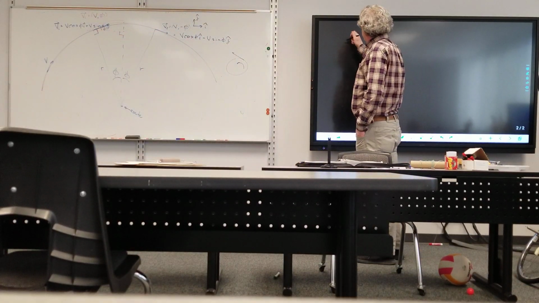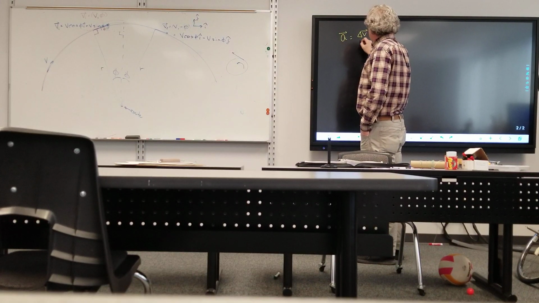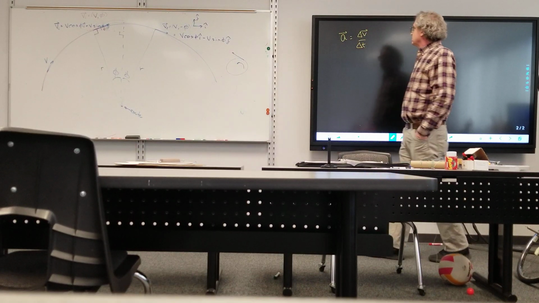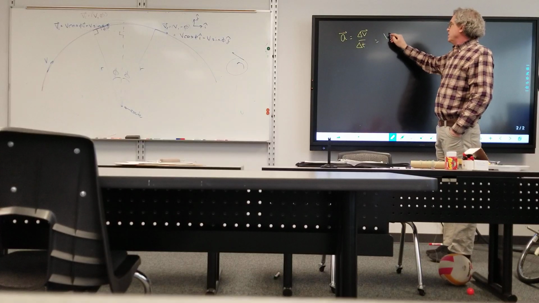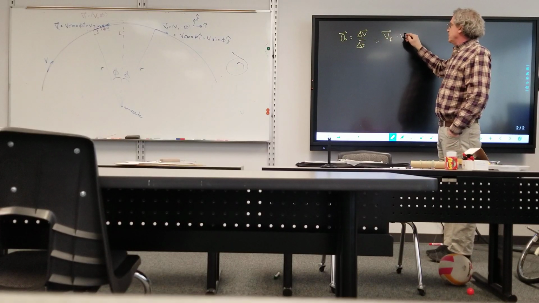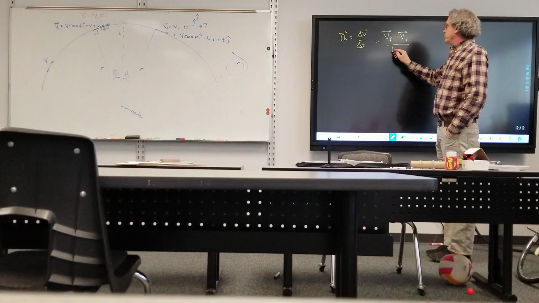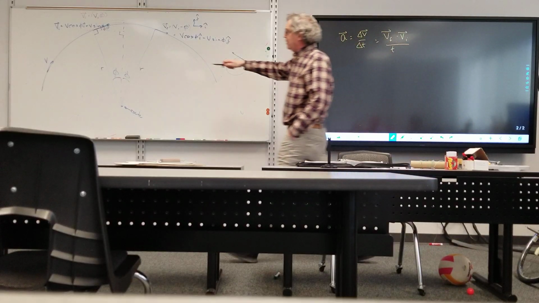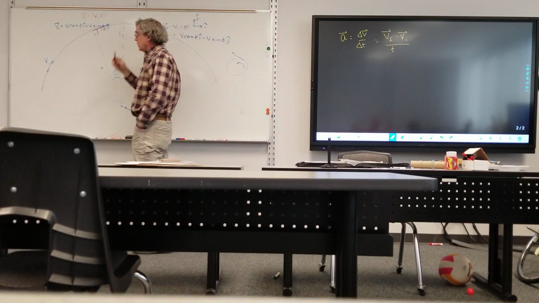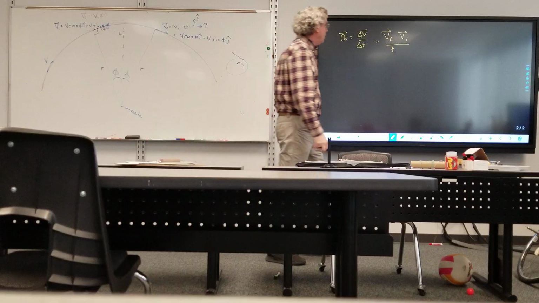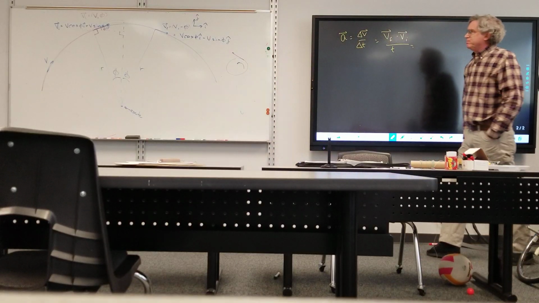All right, so acceleration is the change in velocity over the change in time. Well, the change in velocity is v final minus v initial over however much time it took to get from this position to that position. So first, let's just do final minus initial.